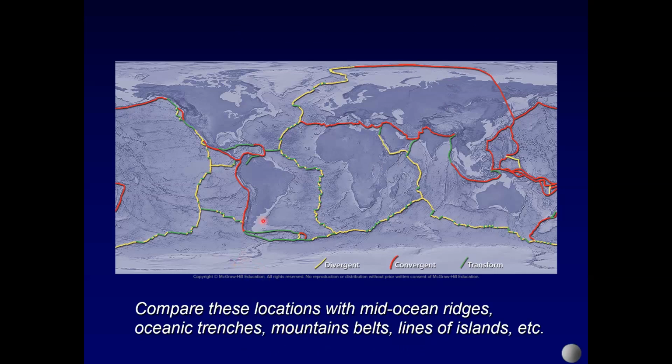Okay, so this is a mid-ocean ridge. It has divergent boundaries, but accompanying that, as these are pulled apart, transform boundaries form. This red along South America is a convergent boundary.